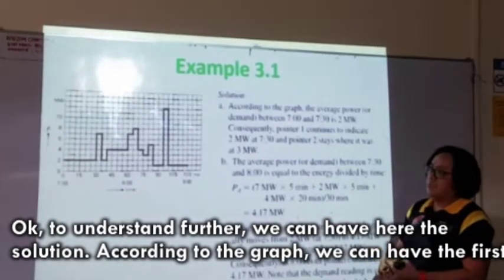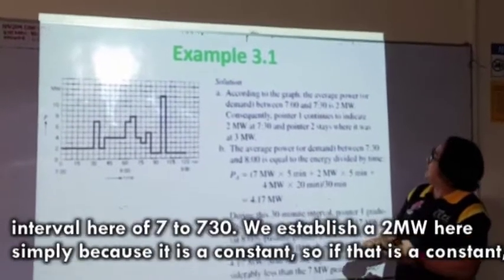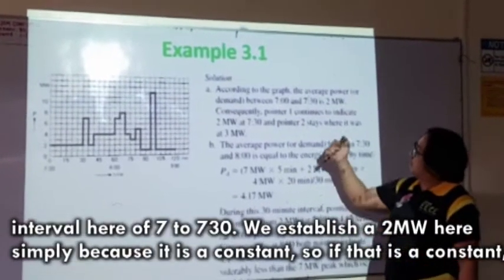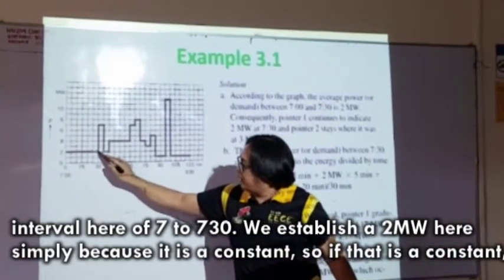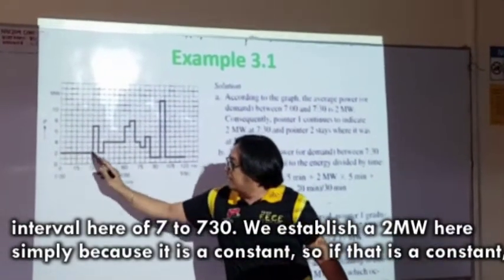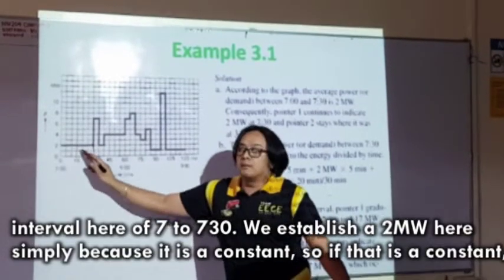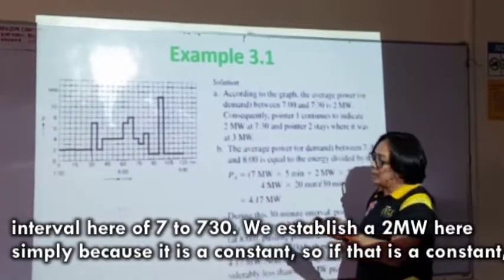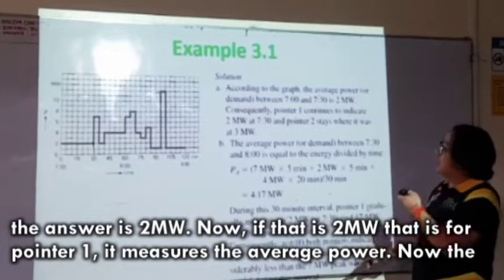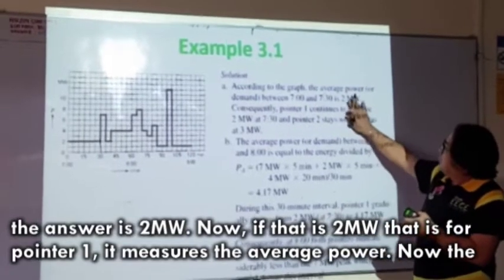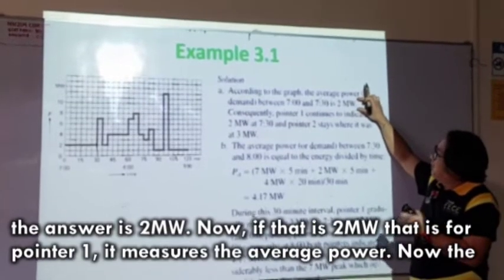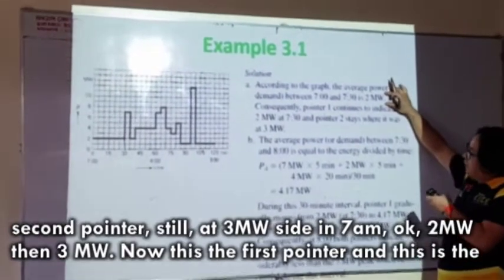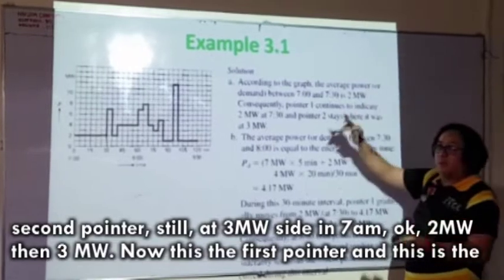According to the graph, we have the first interval here of 7 to 7:30. We establish 2 megawatts here simply because it is constant. So if that is constant, the answer is 2 megawatts, and that is for pointer 1. It measures the average power. The second pointer is still at the 3 megawatt side.